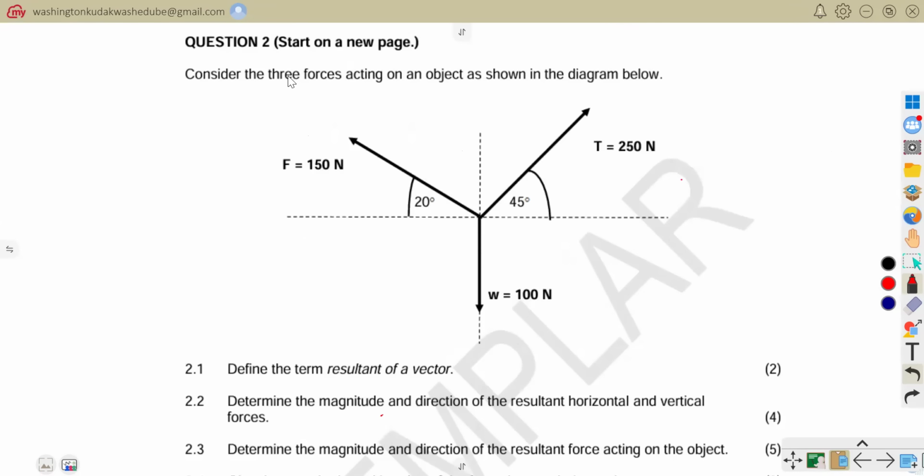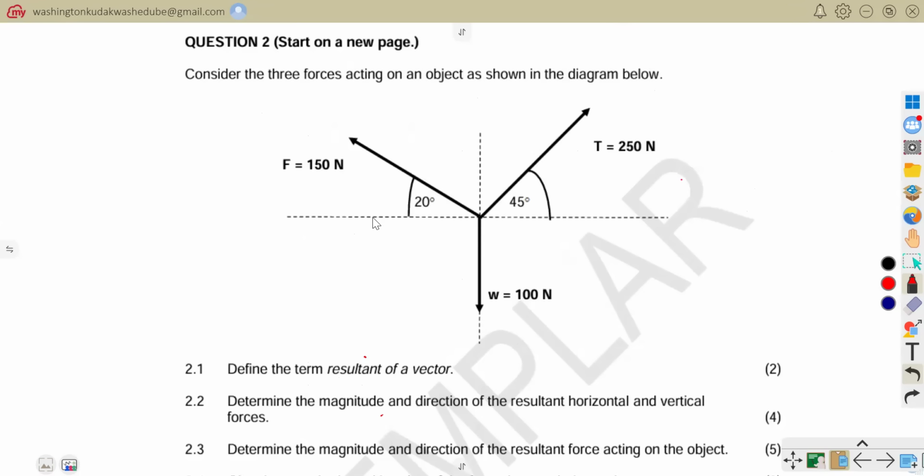Now we are saying, consider the 3 forces acting on an object as shown in the diagram below. We've got this T force, and then this W force, and that force. And then they are saying, define the resultant vector.